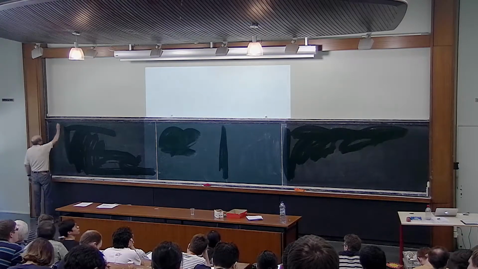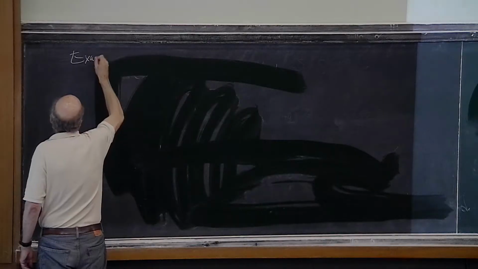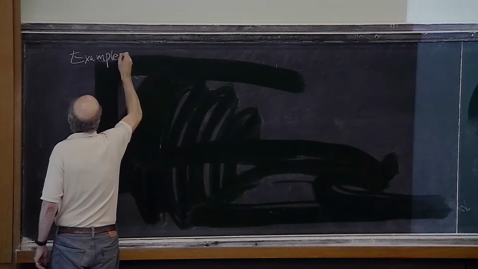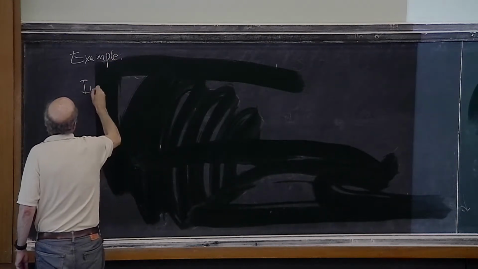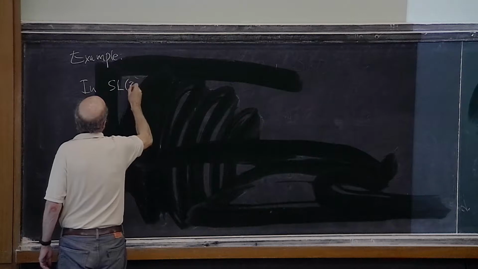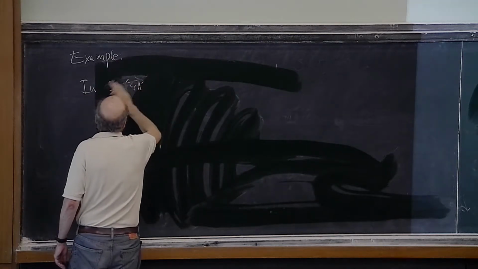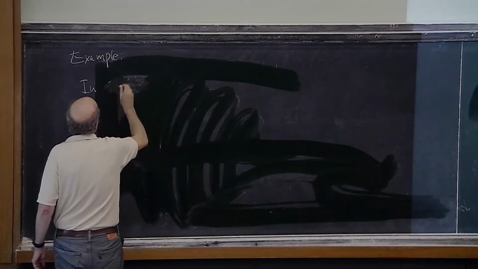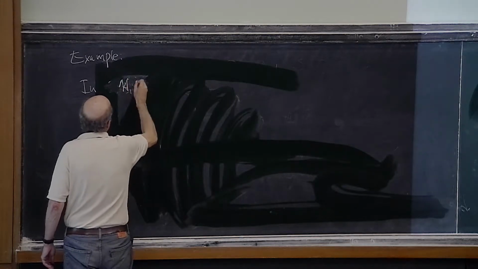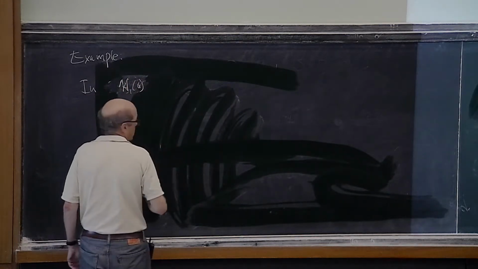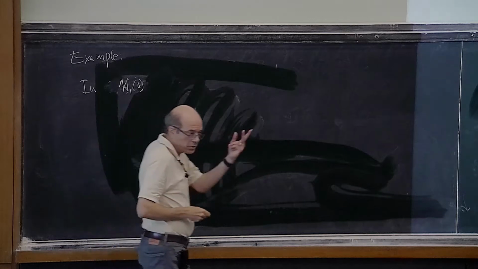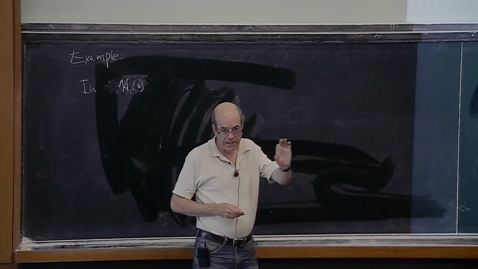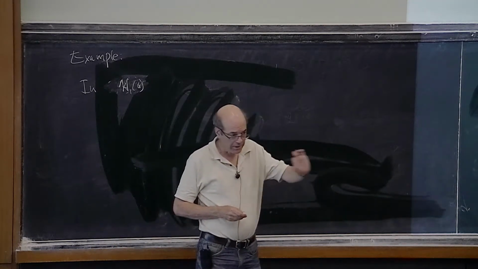So an example, keeping with our notation here, in H sub 1 of 0. We know there's two kinds of measures: measures on closed orbits, or the Haar measure.